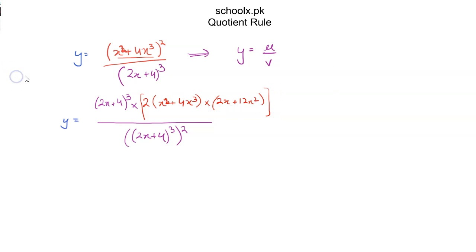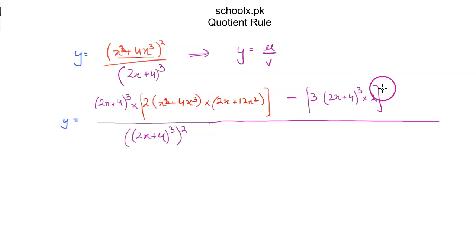then moving on, I have to extend this line because this will be a long expression. Moving on, I have to do the derivative of v into u. Now the derivative of v will be 3 into 2x plus 4 whole cube into 2, into u.